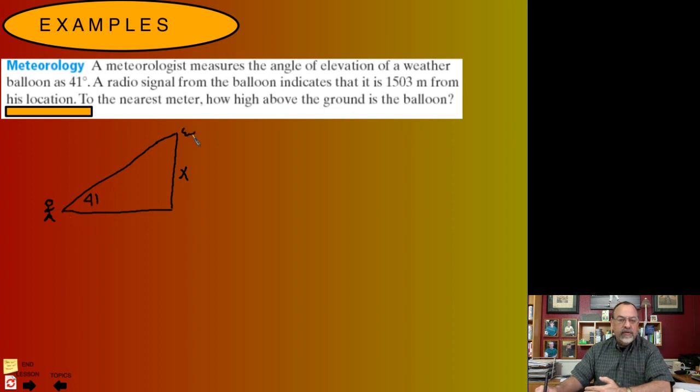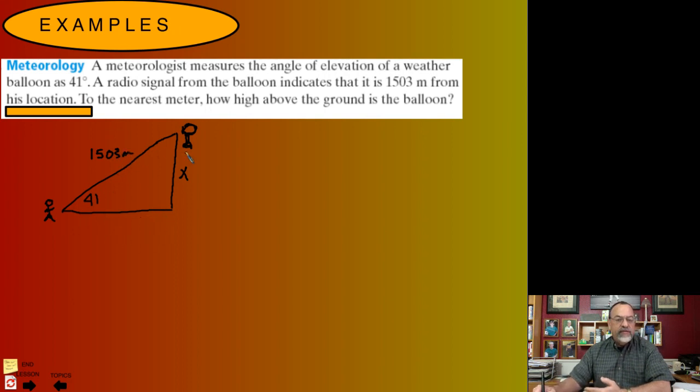If this is the balloon up here, I don't know if that's much of a weather balloon, where would the radio signal come from? Would it come along this line? Or would it come along this line? Well, it would come along this line because he would have to receive it directly from the balloon. The radio signal wouldn't come from here to him because this is not where the balloon is. So this is going to be your 1,503 meters.